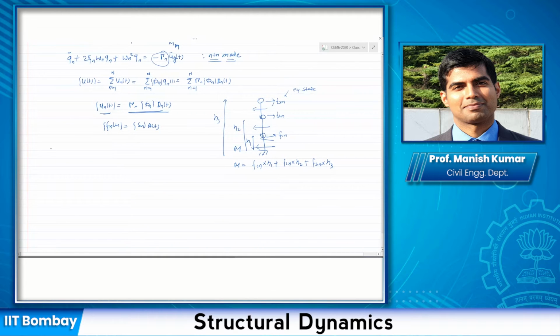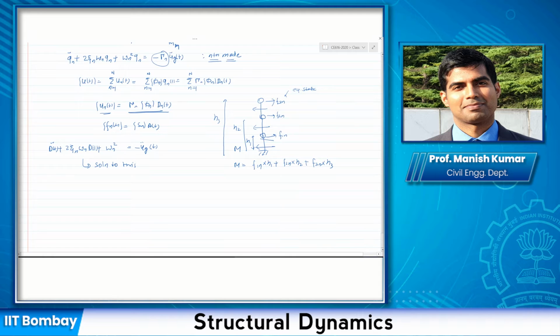We have zeta n omega n qn plus omega n square qn equal to UGT. And dt is basically the solution to this equation, right? Maybe I should not write qnt here, sorry. Let us write dt here. So this is known to us.